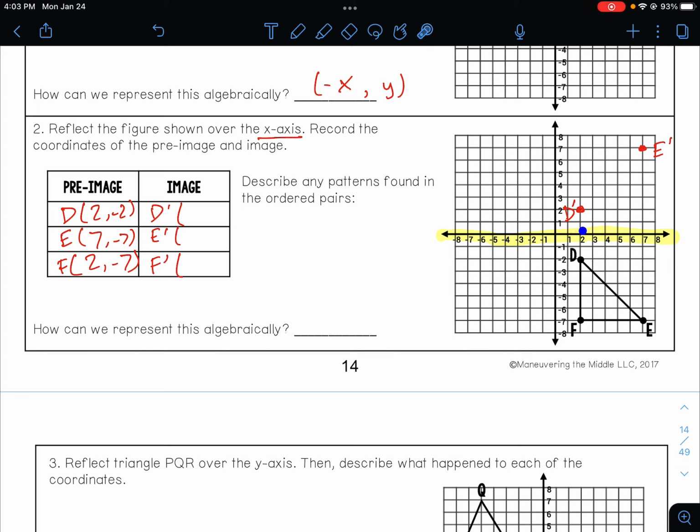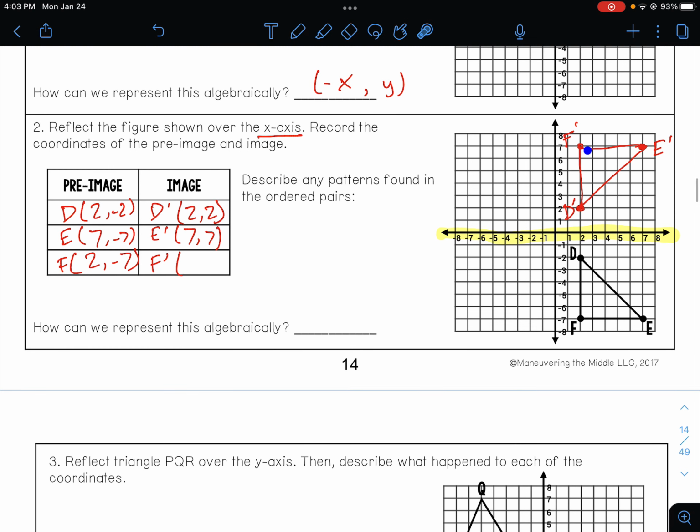And F to the right, 7 down, so to the right, 7 up. F prime. So now I have my reflected image. So let's look at D prime: 2 and 2. E prime: 7 and 7. F prime: 2 and 7.